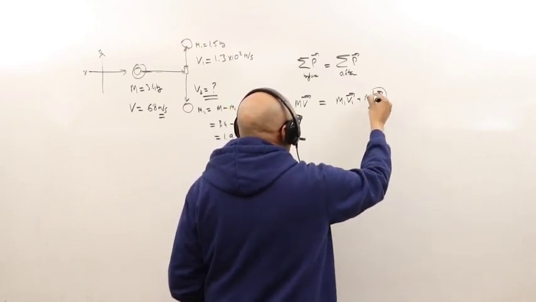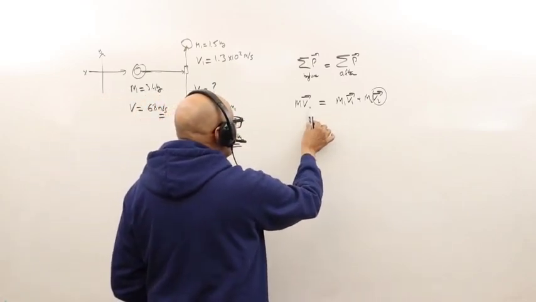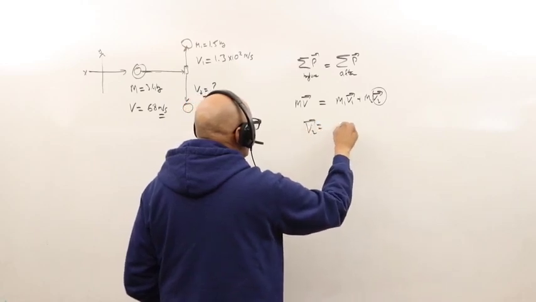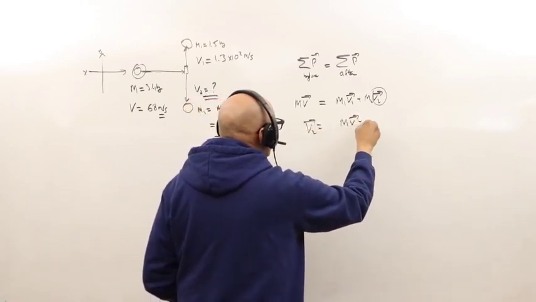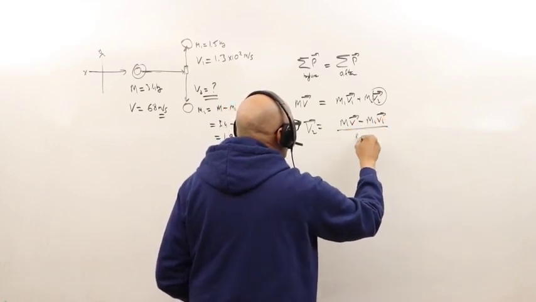And this is what we're trying to find, v2. So I'll move this term to this side and divide by m2, so v2 vector is equal to mv vector minus m1 v1 vector, divided by m2.